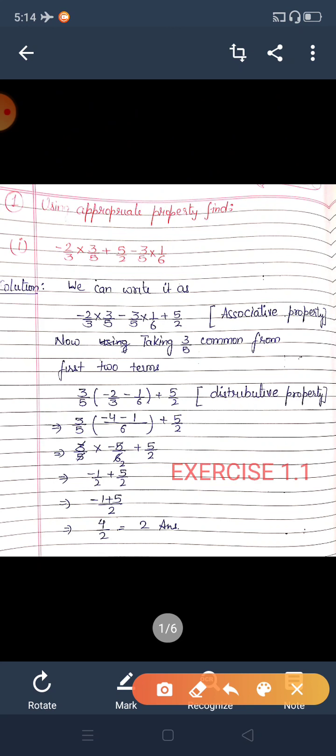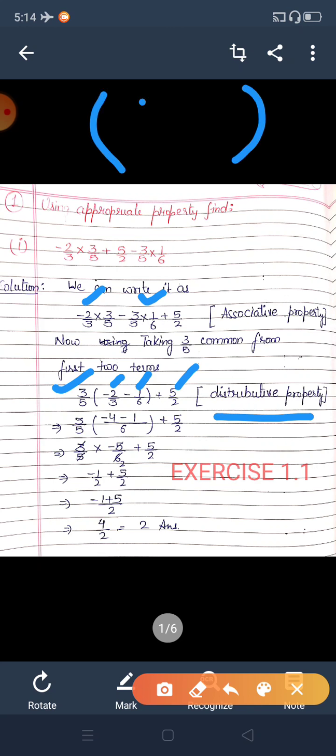Now from the first two terms we will take 3 by 5 as common. So here we will be left with minus 2 by 3 and here we will be left with minus 1 by 6. So minus 2 by 3 minus 1 by 6, and plus 5 by 2 as it is. This is what? Distributive property. What is distributive property?